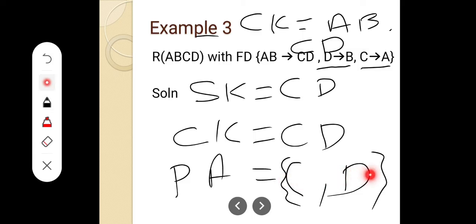For that you look at the prime attributes. Whether any of the prime attributes are there in the RHS: C, D. Yes, C, D, it is here. Okay, it is here. Clear? So we should look for a replacement for that. Clear? So I am rubbing it.